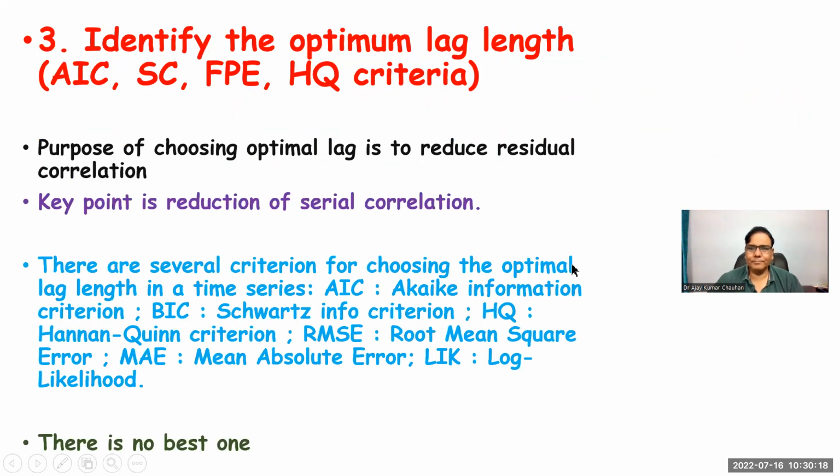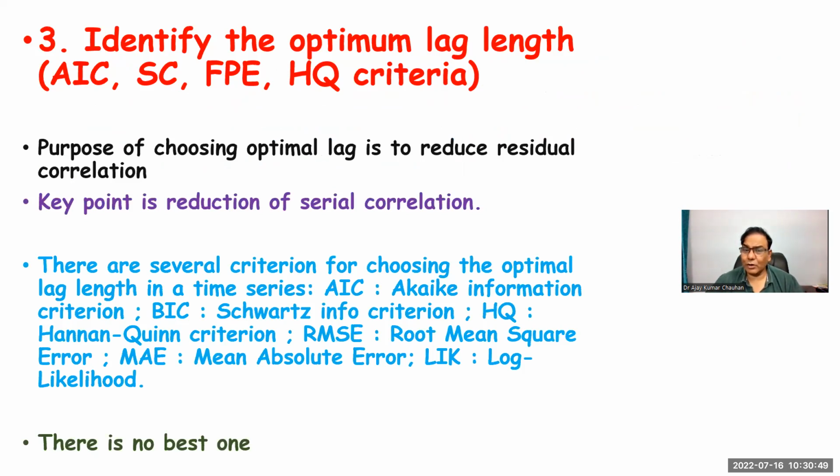And then the third step. Once you identify the right order, then go for lag selection. Now, many people ask me what is the right method of lag selection. In fact, I have not seen in any book that one method is the best.